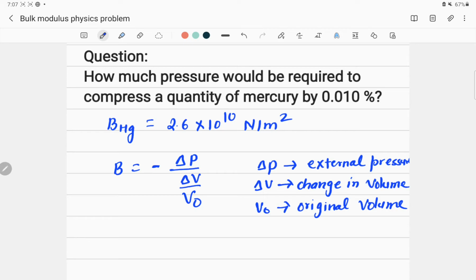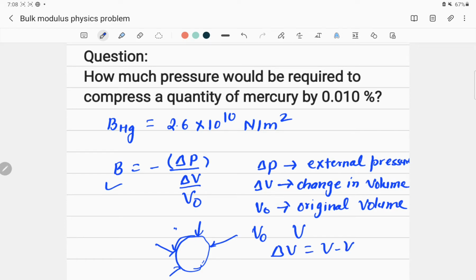The negative sign here is introduced because the bulk modulus B is positive and the pressure is a positive quantity, but this ΔV is negative. When you put pressure on the mercury from all sides, suppose the initial volume is V naught and the final is V. The change in volume is final minus initial.